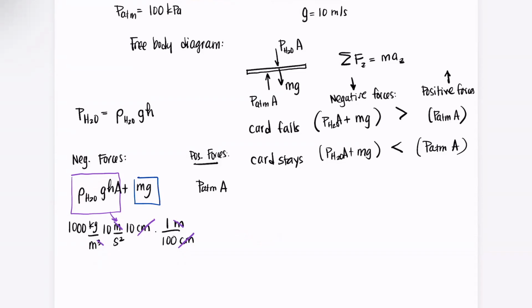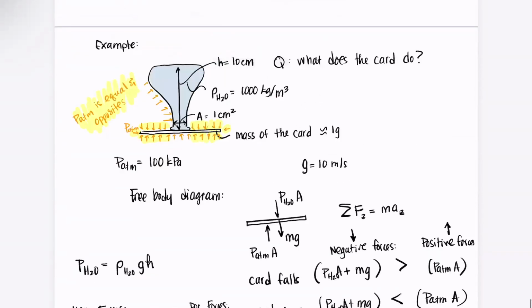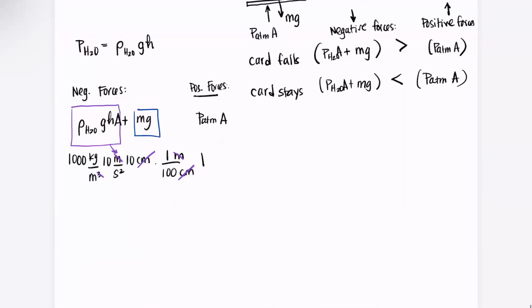All right, and then our area is, what did I say? 1 centimeter squared. So we have 1 centimeter squared, and then we're gonna multiply by 100 centimeters in each meter, and we have to square that, right?